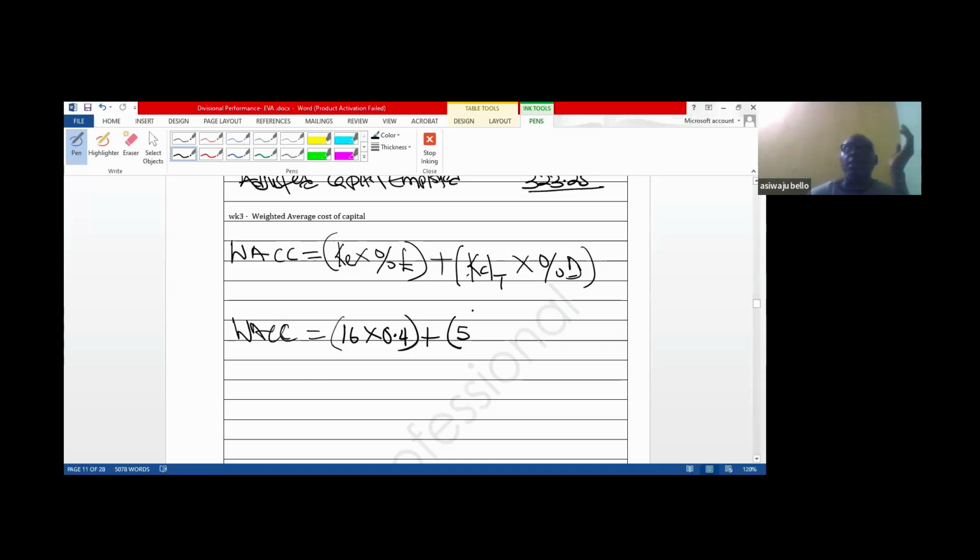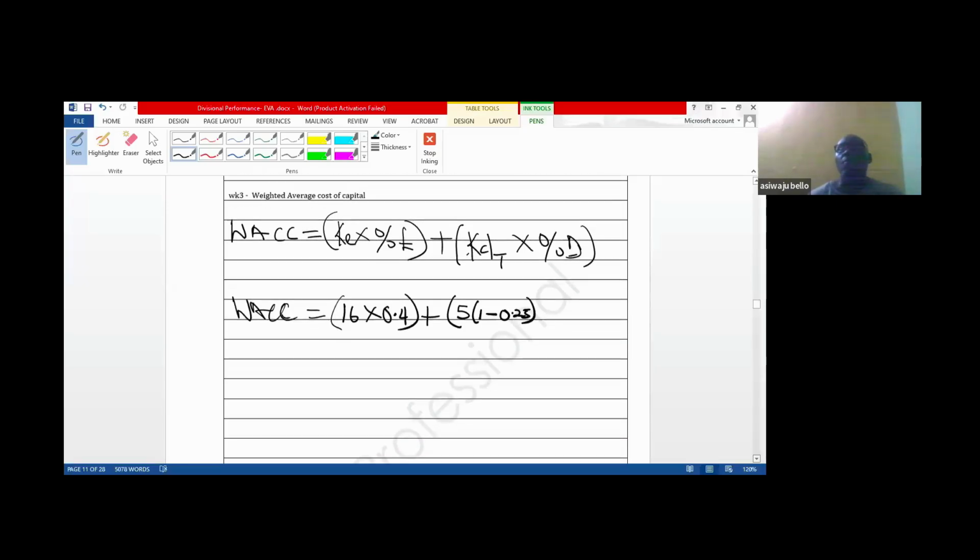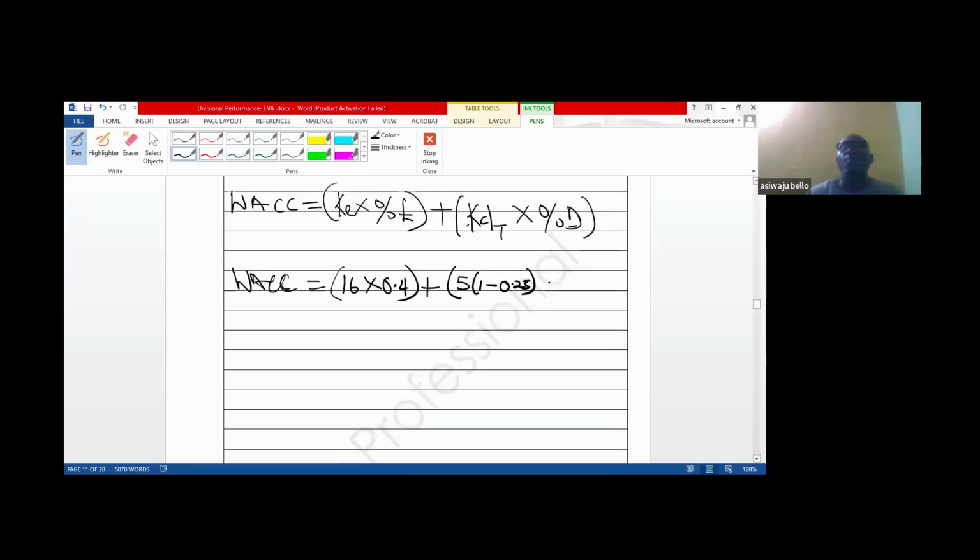To remove the tax, just do 5 bracket 1 minus your tax. Multiply by debt 60%, 0.6.